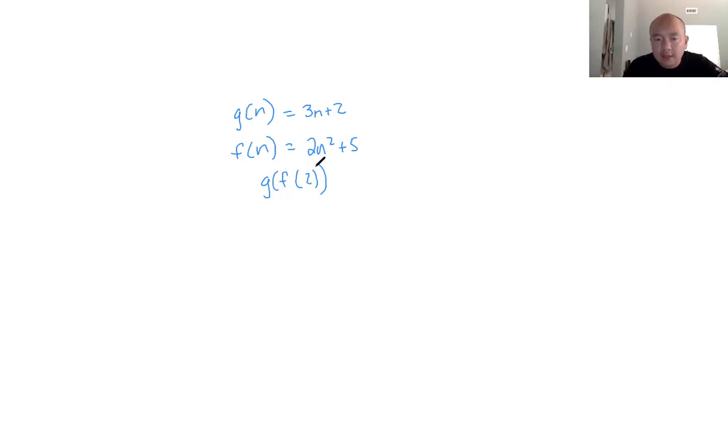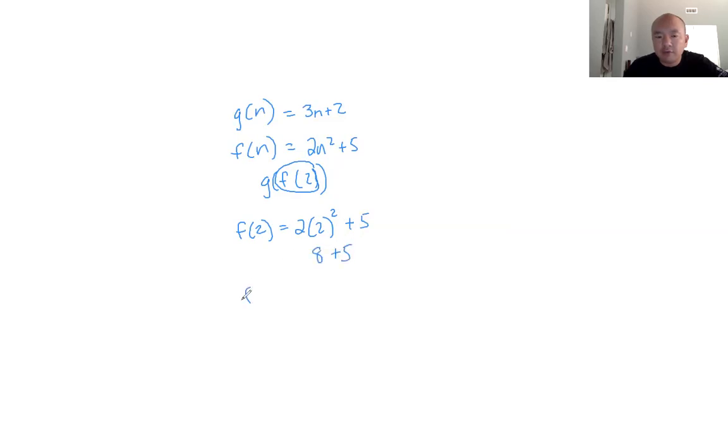So look at this F of 2 here. What you're going to do is plug in the 2 for the F function. And then whatever you get there, you're going to plug that number into the G function. That's what this means. Okay, so if I have F of 2, that equals 2 times 2 squared plus 5. And then this is what? 4 times 2, which is 8, plus 5.